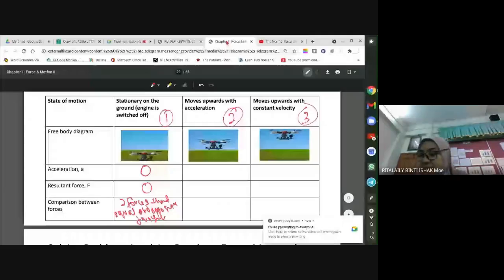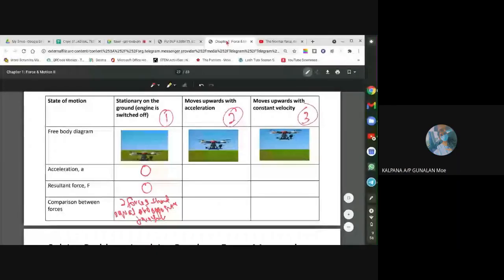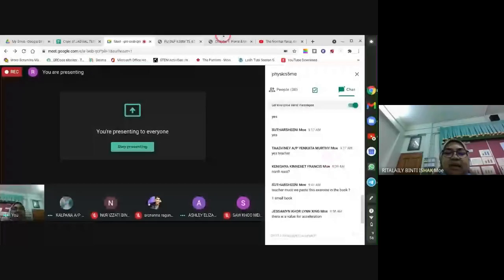Jasmine typed the answer in the chat. So there is a value of acceleration. We don't know what the value is, but there is a value.